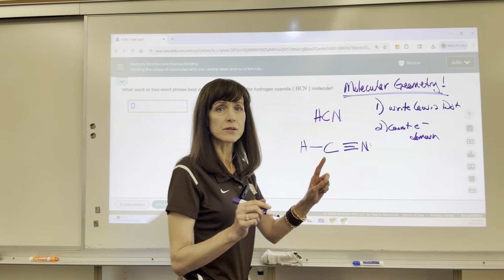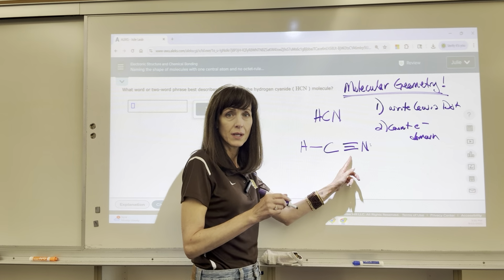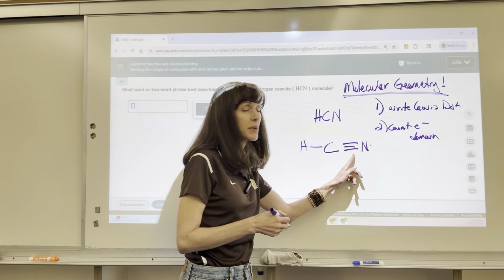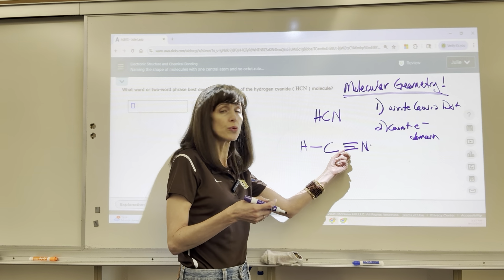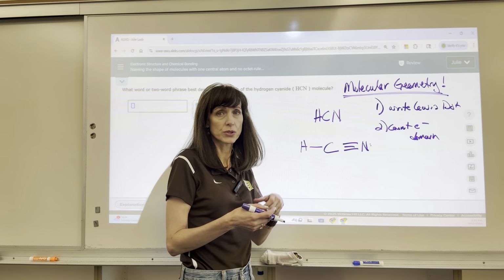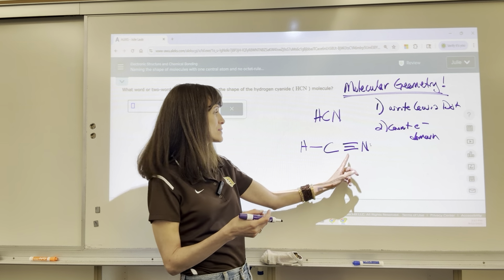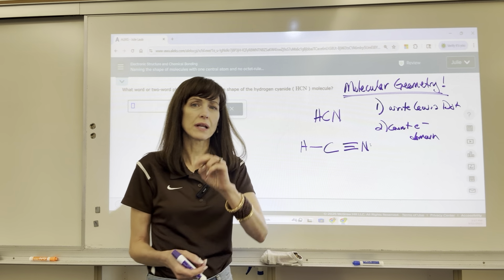Take a look at this. Here I'm going to count the electron domains around the central atom. The carbon has 1, 2. Now you and I totally know, yes, a single bond has 2 electrons, and a triple bond has 6 electrons. That's fine. Those are still 1, 2 total domains. This would be like our neighbor that had 3 people in their house and us that had 7. That's one domain, 2 electron domains.